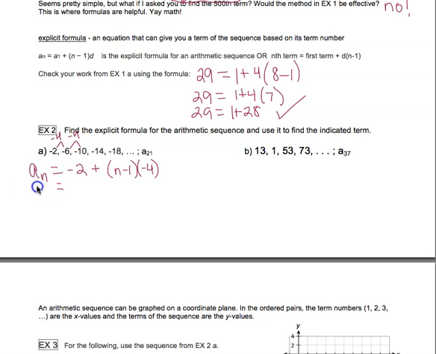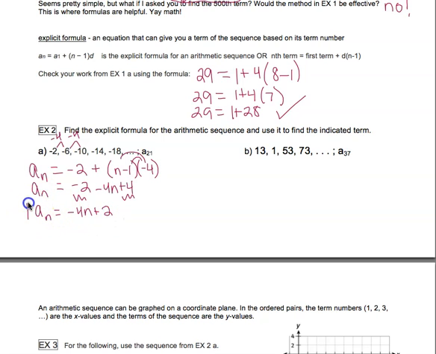So when I simplify that, first I need to do the multiplication. So -4 times both terms here. -4 times n is -4n. -4 times -1 is +4. And then when I combine my like terms, I have a sub n equals -4n, and then -2 plus 4 is +2.